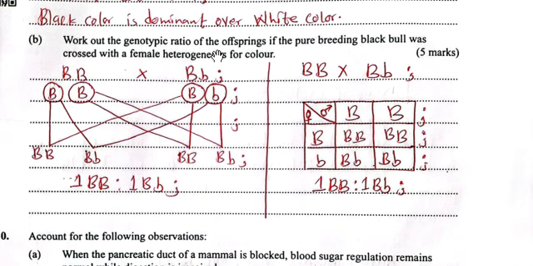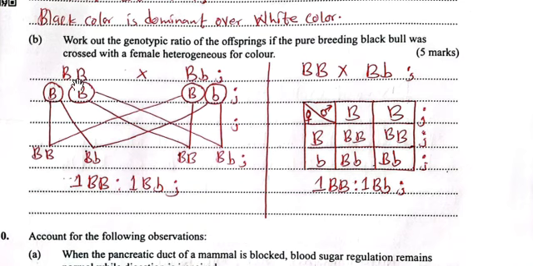And heterozygous means it has different genes, for example, a dominant gene and a recessive gene. In this case, it is here. Then pure breeding, it is purely dominant, purely homozygous dominant, homozygous meaning same, in this case dominant. Then the cross must be there. Then the circles must be complete because they carry the gametes.